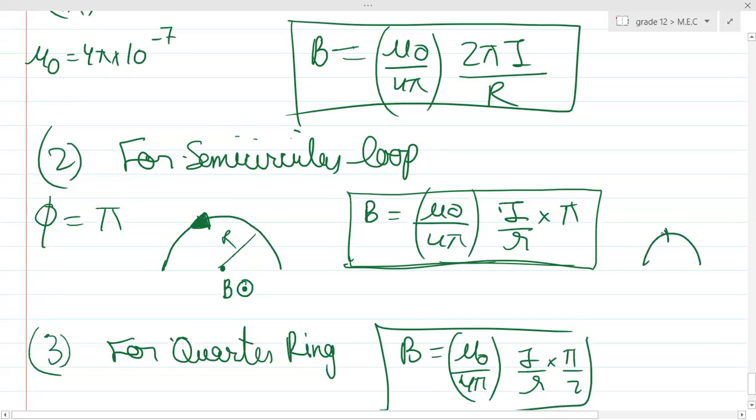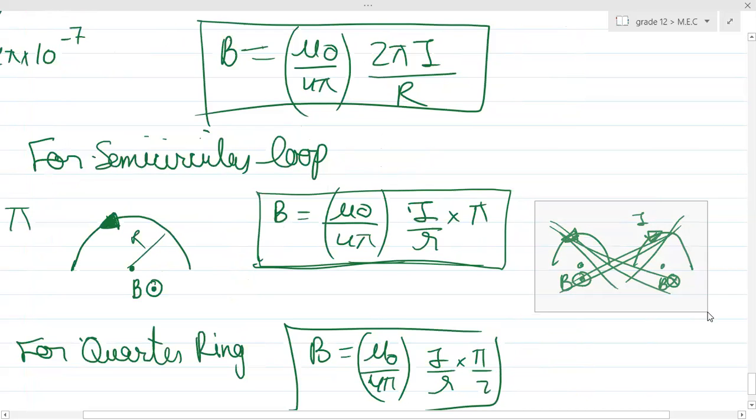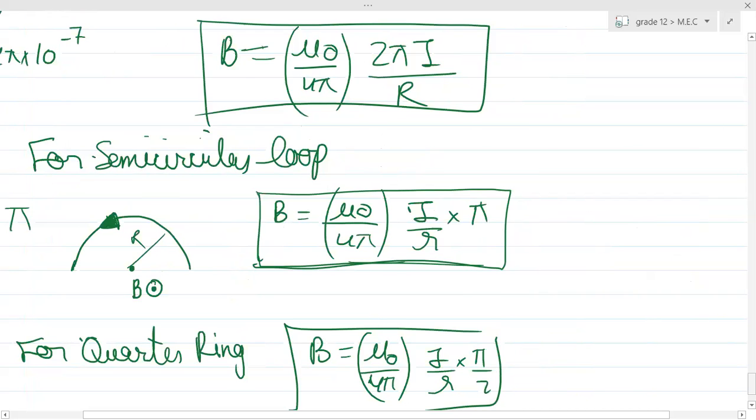Because one wire will be like this, producing a magnetic field like this. Yes or no? And the second wire, if you turn it from here itself, the second turn which you make will have a current like this, right? Yes. It will have the current in the opposite direction. They will cancel out each other's effect. So that is why there is no loop formation in this case. Here also the same thing.